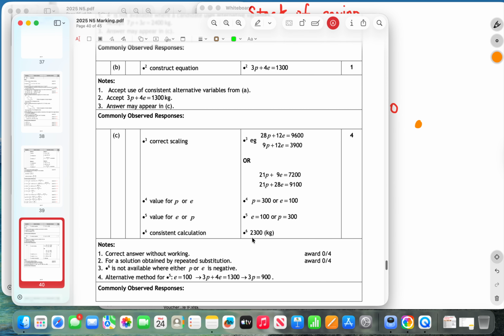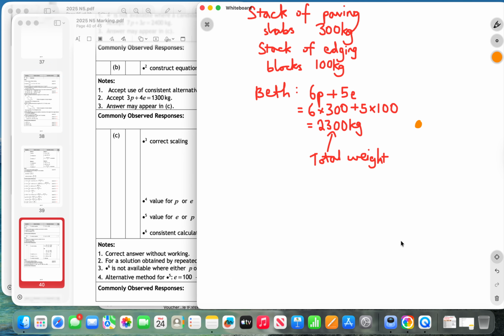The last mark would be unavailable if P or E is negative, and the reason for that is part of the question is being able to use logic, and the logic is that P and E are both weights. So you can't possibly have a negative weight. It doesn't make sense for something to have a weight of minus 50 kilograms.